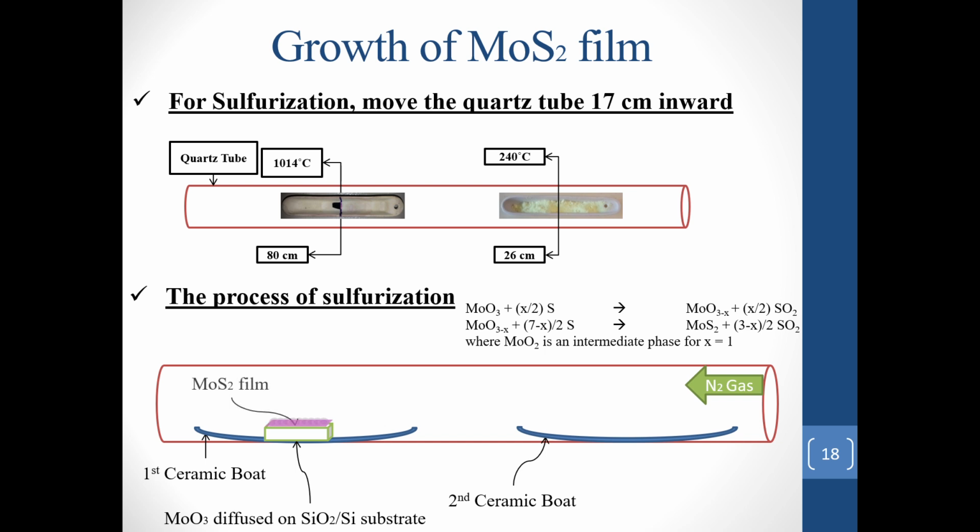So this is the reaction that forms after all the sulfur powder drops on the silicon substrate which already contains MoO3. So MoO3 reacts with the sulfur to form MoS2. Okay, so now your MoS2 film has formed on the silicon substrate successfully.